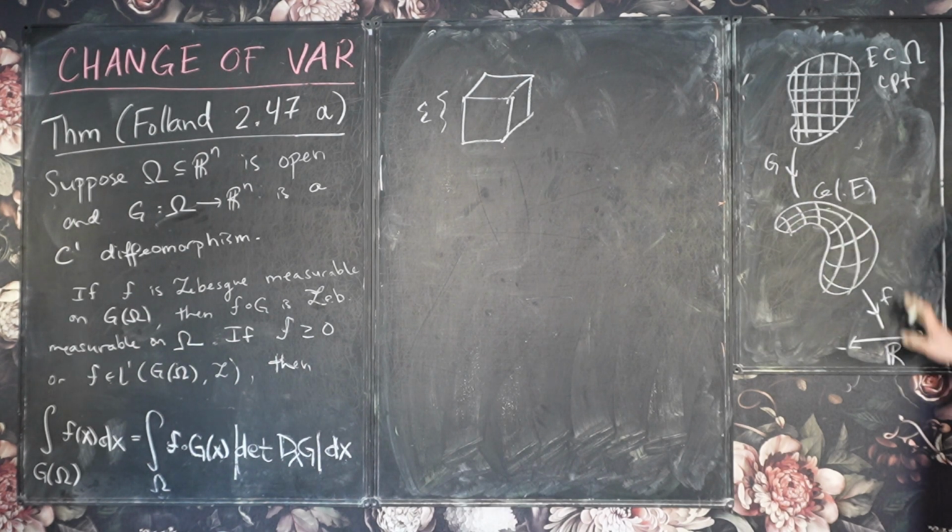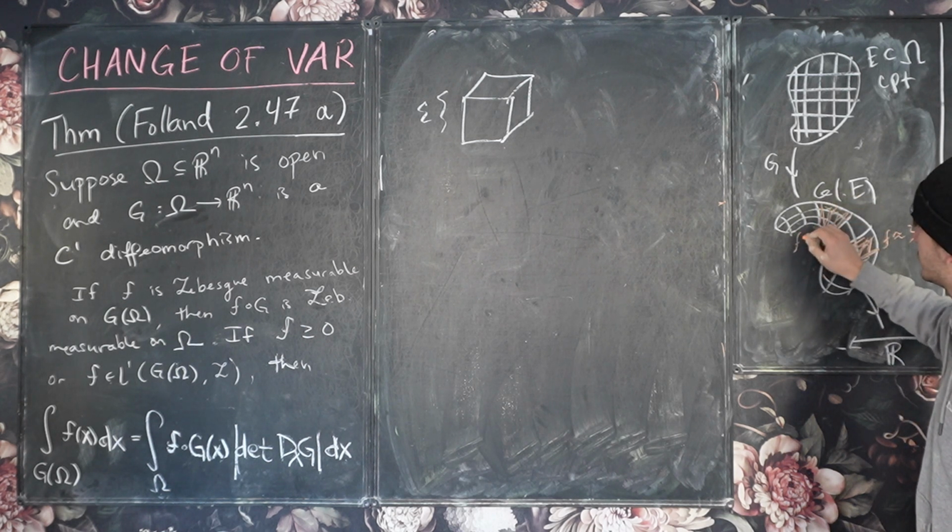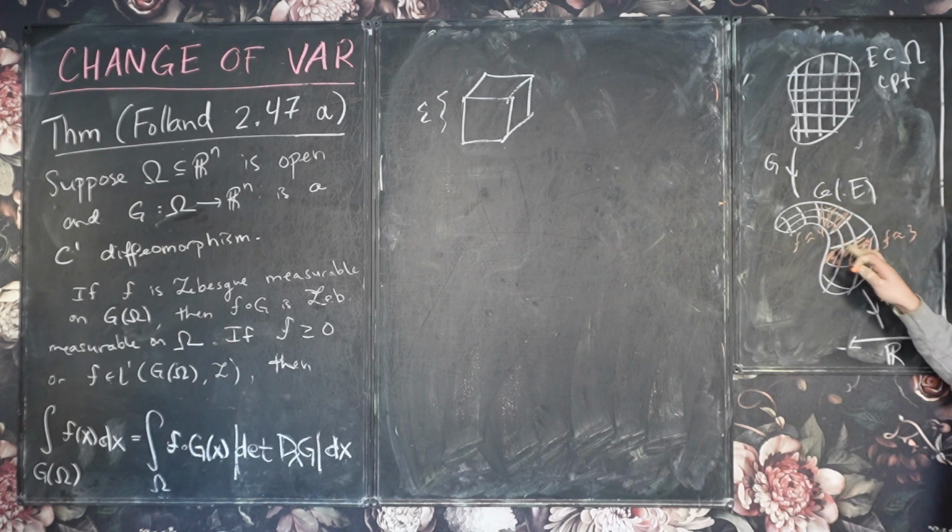And if I want to integrate the function f over this partition, then again I'm going to look at its level sets. So I'm going to say, well, the value of f is approximately 3 maybe here. Say f is approximately 3 on this level set, and then maybe f is approximately 4 on this level set, etc. And then I'm going to sum the values of f over that level set, weighted by the volume of that level set.